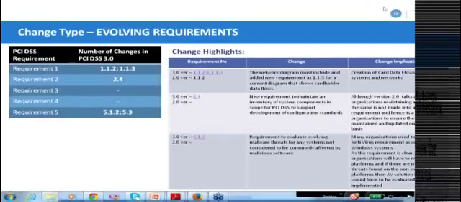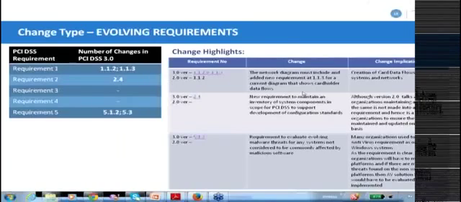So if I look at requirement 1, there is requirement 1.1.2 and 1.1.3. Previously 1.1.2, the network diagrams must include... an added new requirement as 1.1.3 for a current diagram that shows card data flows.